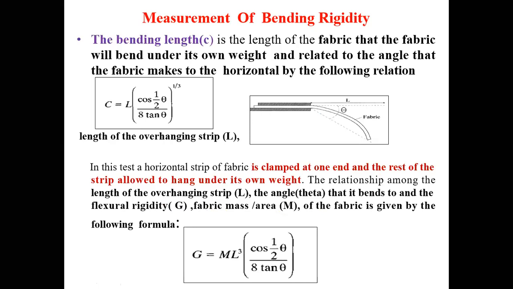G is the flexural rigidity of the fabric, M is the mass per unit area, L is the length of the overhanging strip, and theta is the angle made by this length with the horizontal.